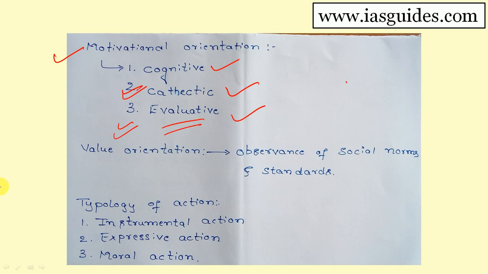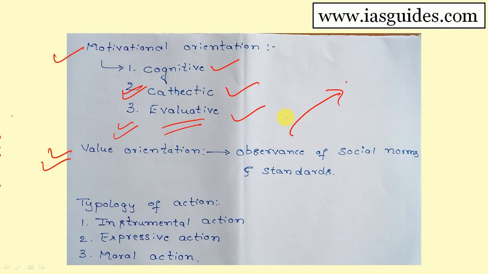And when it comes to value orientation of an actor in a social system like society, the value orientation tells the observance of social norms and standards. That is what is known as value orientation. In choosing a particular course of action in any society, an actor will be guided by societal norms.